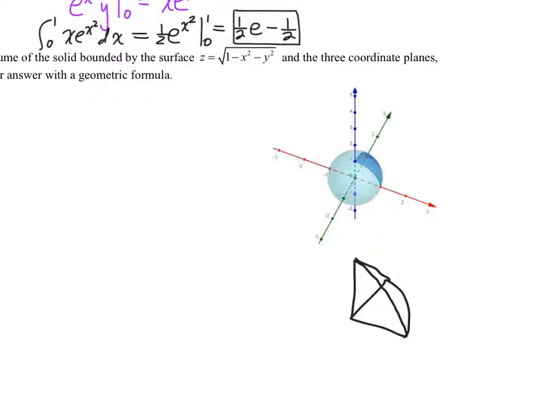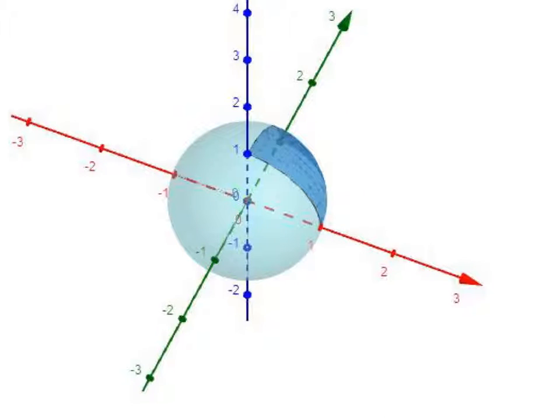That works. What it doesn't look like is 1/4 of a hemisphere, but that's what it's supposed to look like.